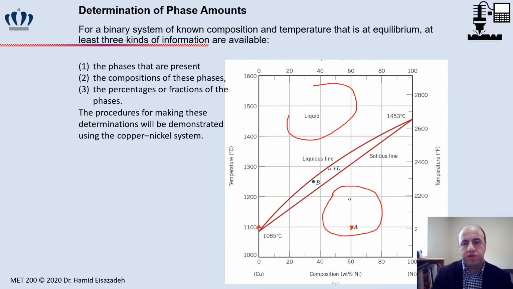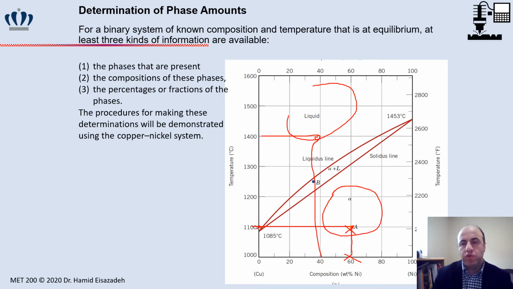First of all, say the temperature is given and composition is given, then you can say this is a phase. You construct these two lines and they cross each other at this point, you say we have one phase. But if you are at this point, you have 1400 degrees Celsius, and the composition given is 40, then you reach this point. So again, the phase is going to be liquid. You have only one phase.